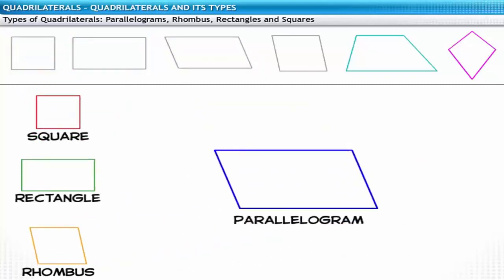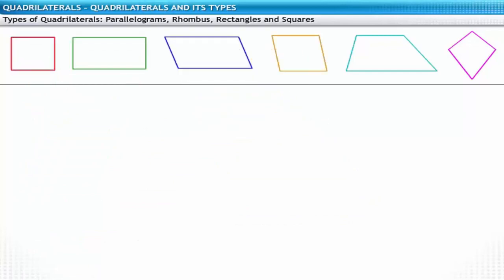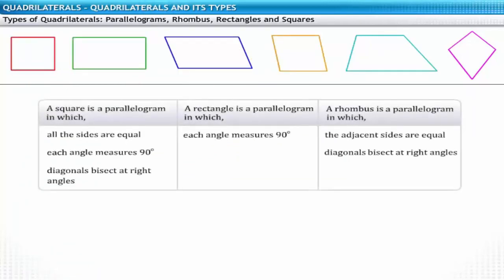Now, let's consider the definition of all 4 quadrilaterals. Can we say that a square, a rectangle and a rhombus are parallelograms? Yes, we can. Squares, rectangles, and rhombuses are all examples of parallelograms.